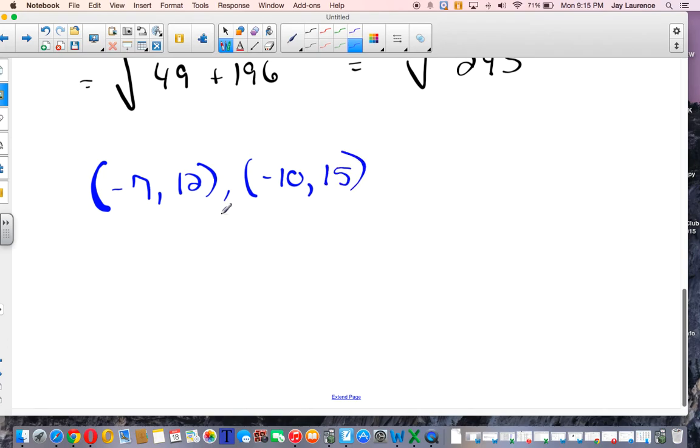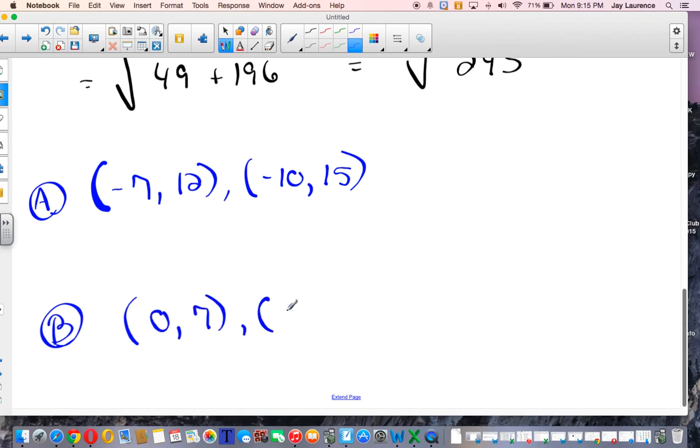See if you can find the distance between those 2 points. Call that problem A, and I'll do problem B. Let's go 0, 7, and -3, -9. Okay, so you can try those. Just plug them into the formula, use parentheses, follow the order of operations, and you should be okay.